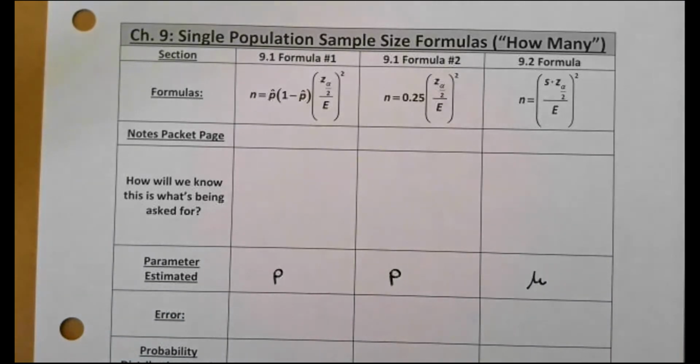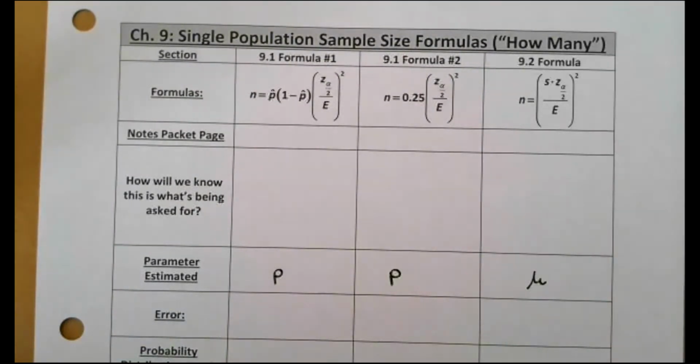What it does is it puts everything in the chapter together on one sheet. So you have to figure out, is this a proportion I'm working with or a mean? Actually, should we do it now? We have tons of time. We could do it right now.